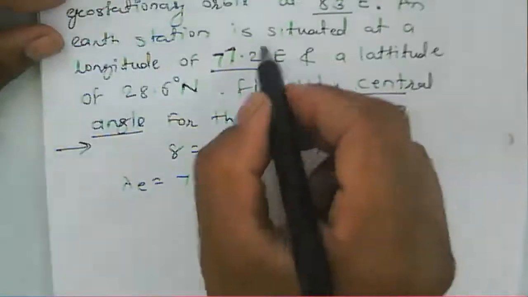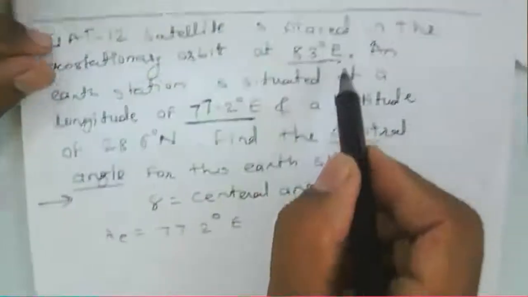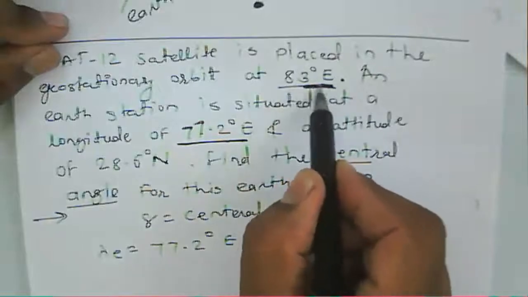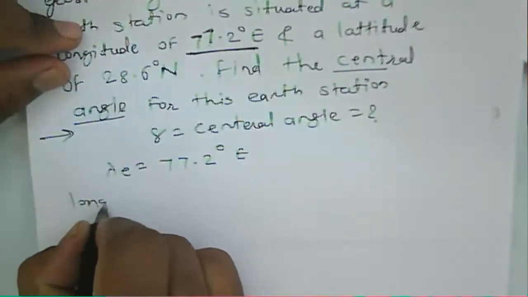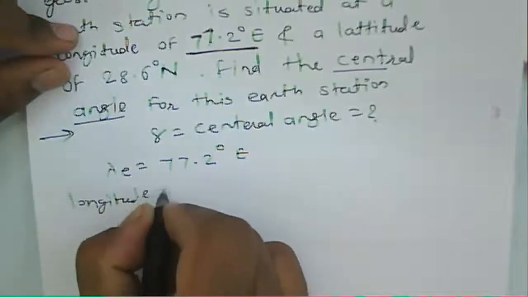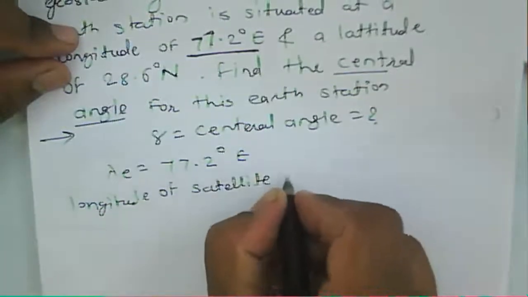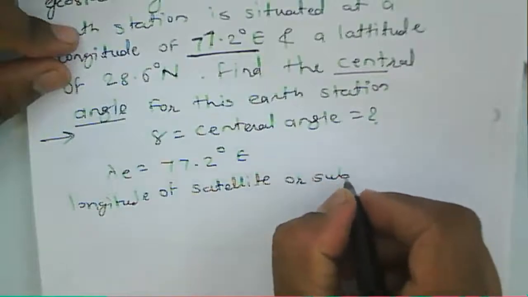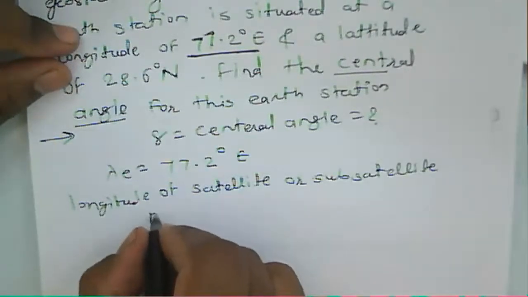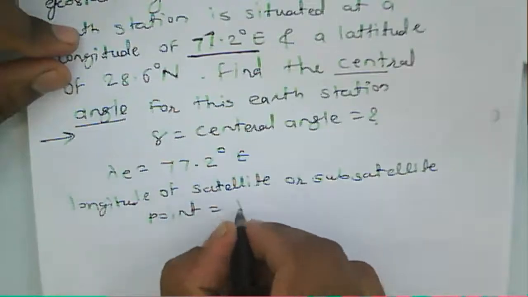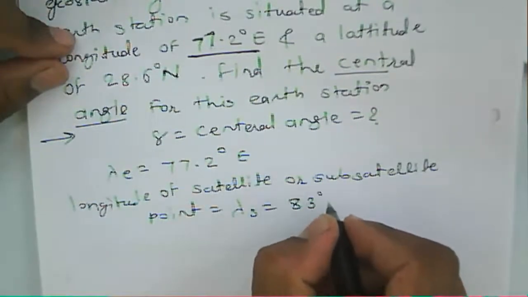And because here the longitude is given in terms of east direction, the satellite is also in the east direction. So that is nothing but a longitude again, the longitude of the satellite, or we can say the sub satellite point, lambda s is equal to 83 degree east.